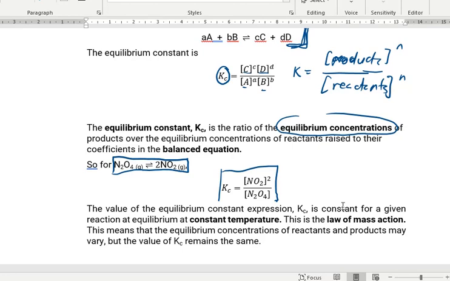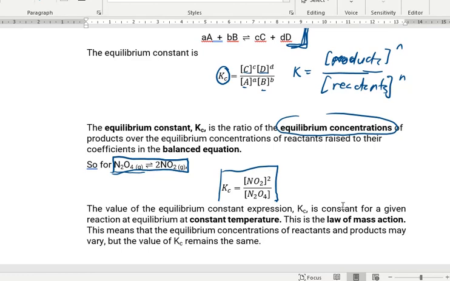So, it is a reversible reaction, right? That means the reactant could become a product and the product could become a reactant, right? But in this case, in writing equilibrium constant expressions, you should follow how the equation is written. So, in this reaction, NO2 is the product.